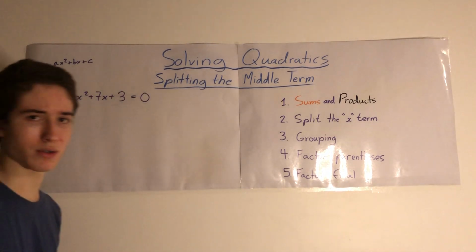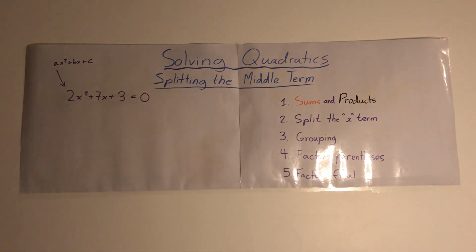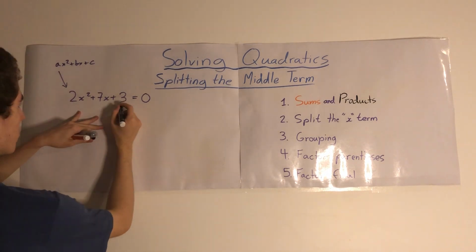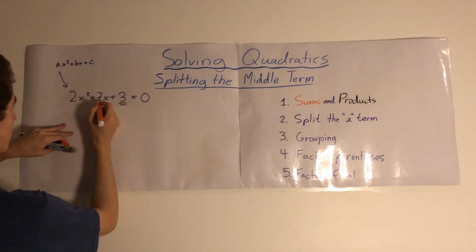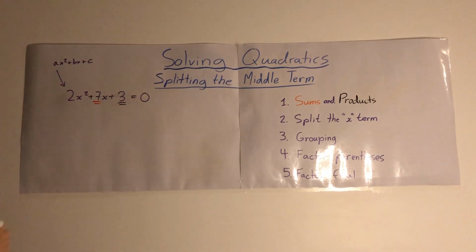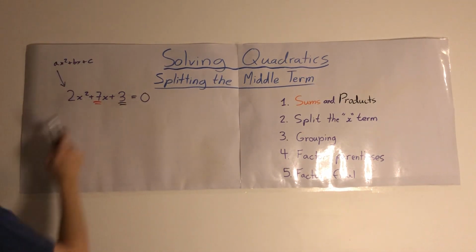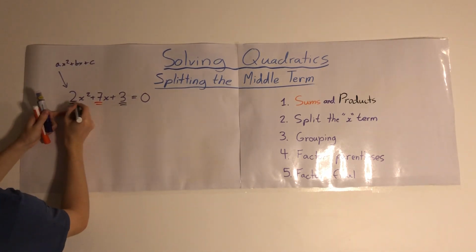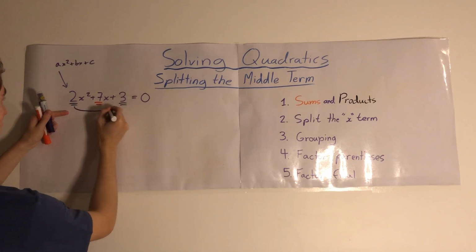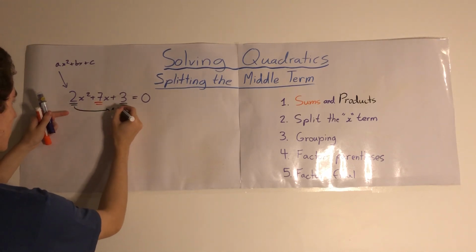And this matters when you're splitting the middle term, when you're solving a quadratic, because now you can't just take two numbers that multiply to this one and add up to this one, because now this does affect your answer. What you need to do is find two numbers that add up to this term and then multiply to this one times this one.